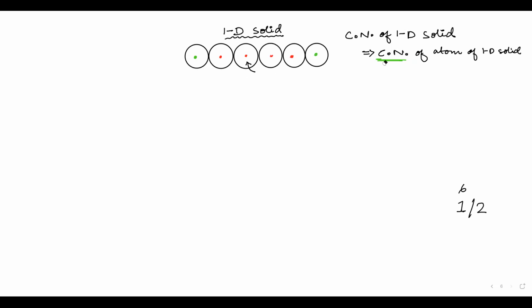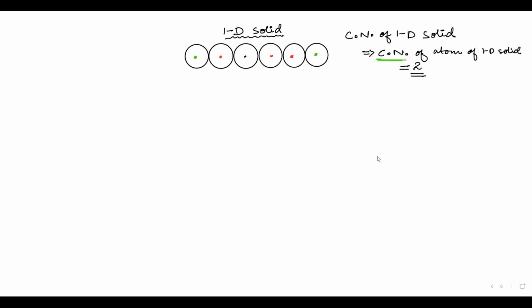The center atom. So when I talk about coordination number, I am asking about those atoms whose environment is completely made. Now if somebody asks you explicitly what is the coordination number of the last atom of a 1D solid, then you will answer, yeah, the coordination number is 1. But in general, the coordination number of an atom of a 1D solid is 2. Okay, so this much is only about 1D solid.